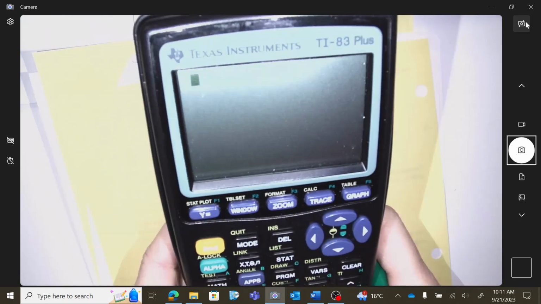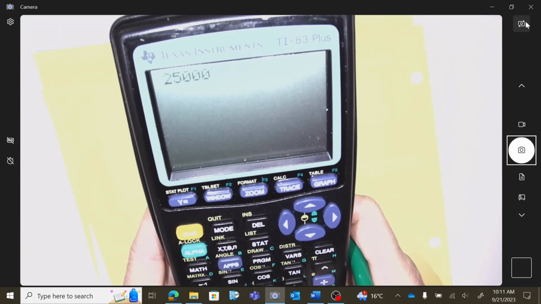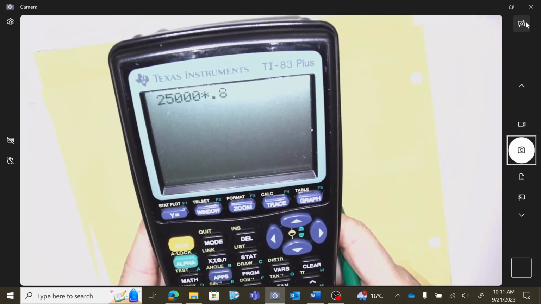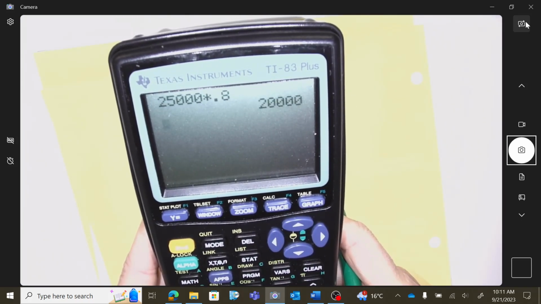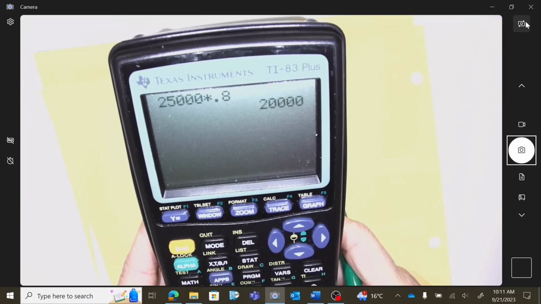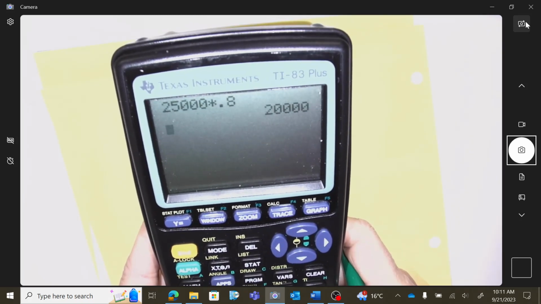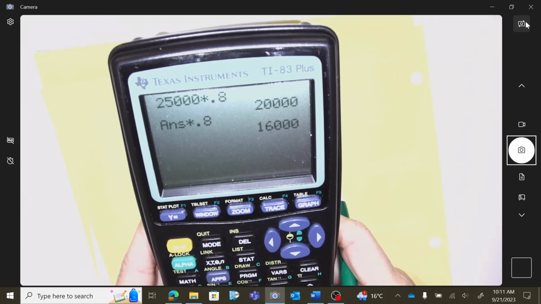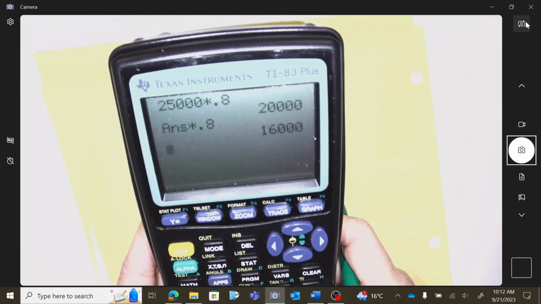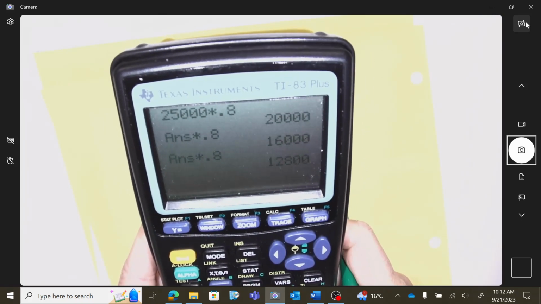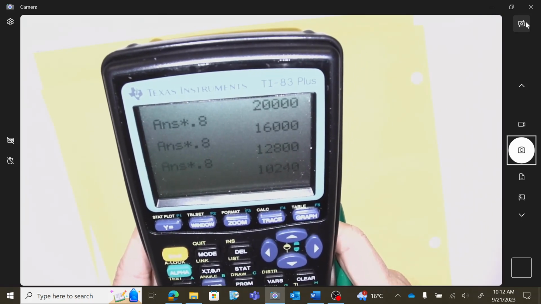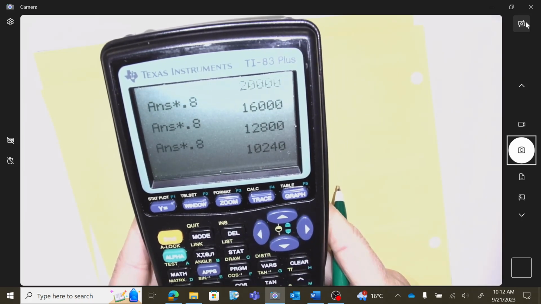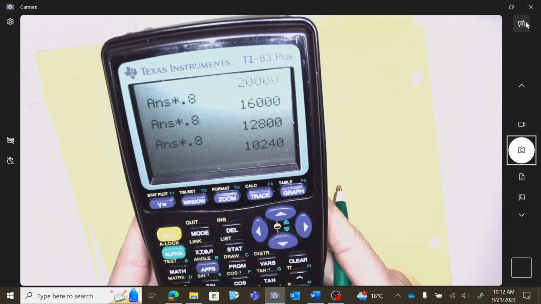Times it by 0.8. So this times 0.8. Now, that's the price after 1 year. Right? So then I go times 0.8. That's the price after 2 years. 3rd year. 4th year. So after 4 years, when you sell your car, that's the price of it.